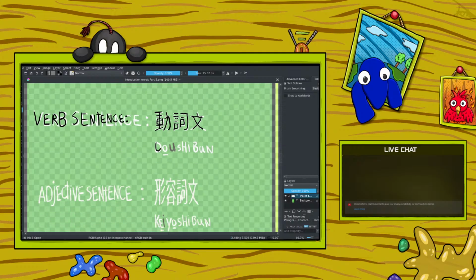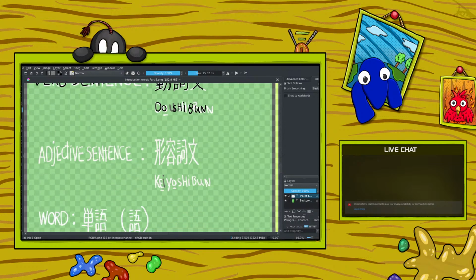So we have doshiban. And then we have an adjective sentence. Something that says something about an object, if I'm correct, because it's adjective. Which is, of course, then kiyoshiban. Yeah, that's the kiyo.